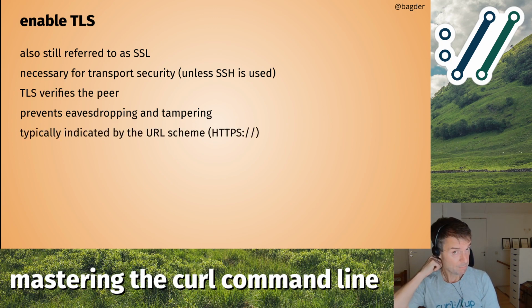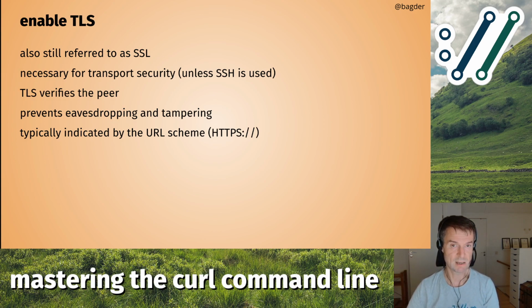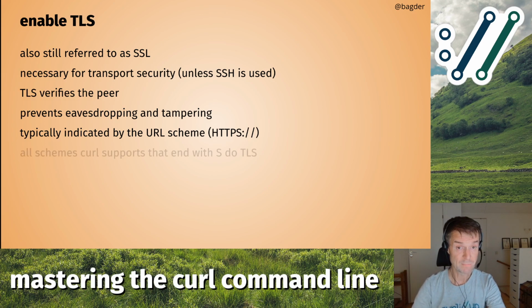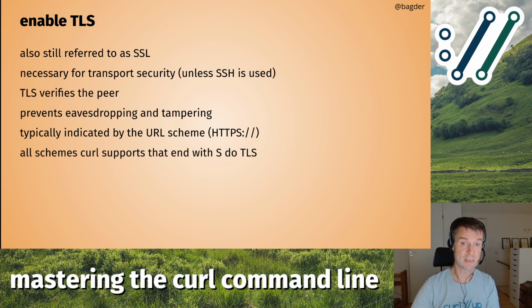And typically, the use of TLS is sort of indicated or hinted by the URL scheme, as in HTTPS, S for secure. So we know that if it's HTTPS, it has TLS. But of course, you can still kill security by doing it wrong. Don't do that. And all schemes curl supports that end with S do TLS.